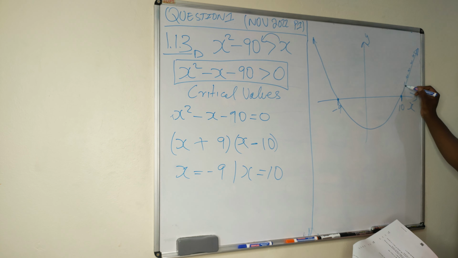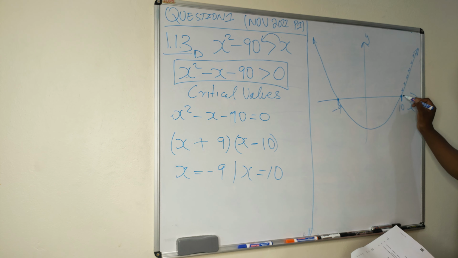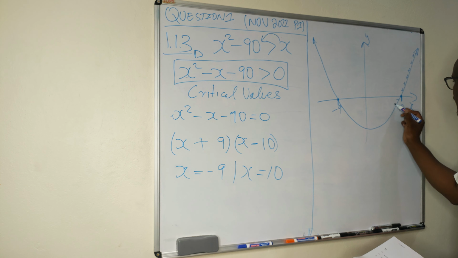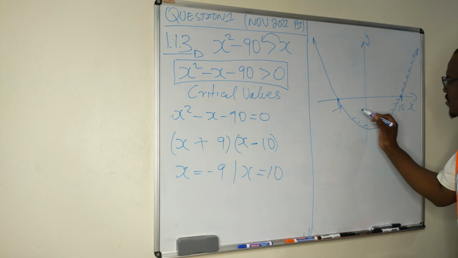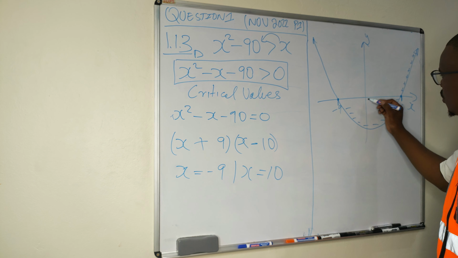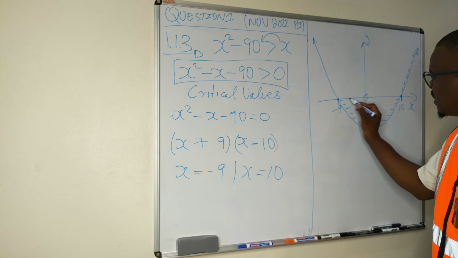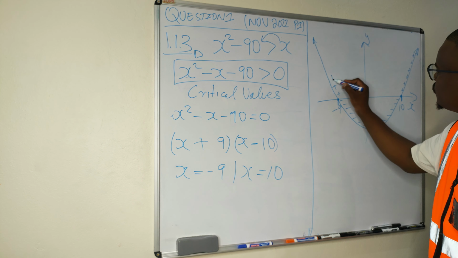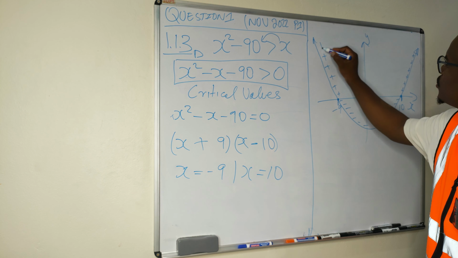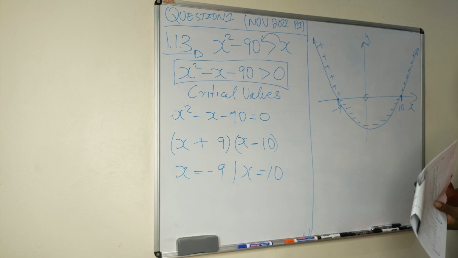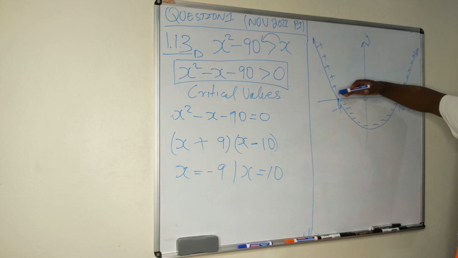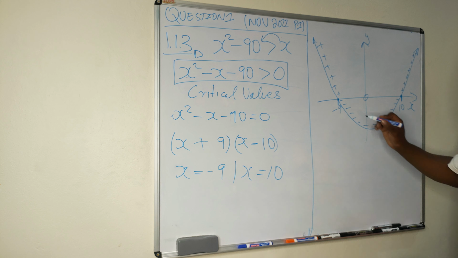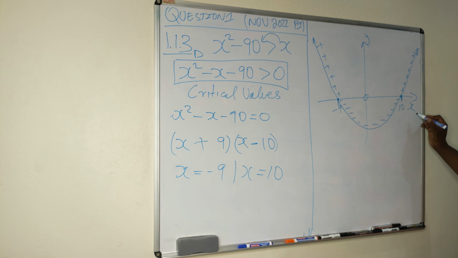Positive, positive, positive, 0 here. Negative, negative, negative because it's below 0, right? Then negative, positive, positive, positive, above the line y is equal to 0, because this is the x-axis, right?